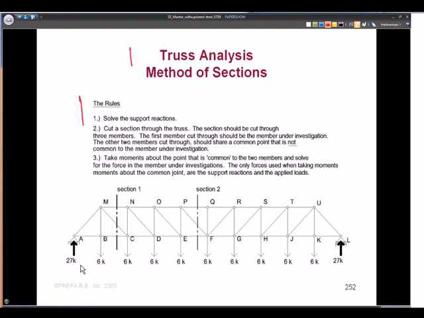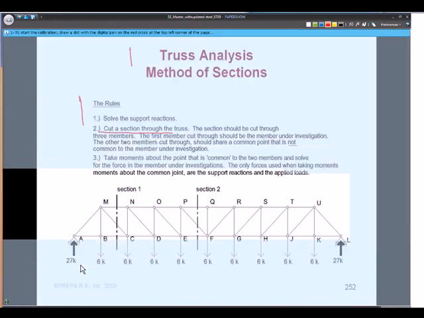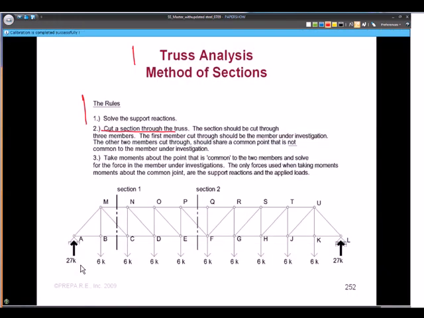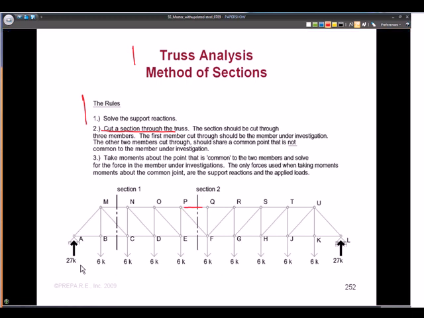So we're going to use it as a time saver and just talk about the rules. So we cut a section through the truss, and the section needs to be cut through 3 members. And let's say we want to find the force in member PQ, and it's way out here in the middle of the truss.